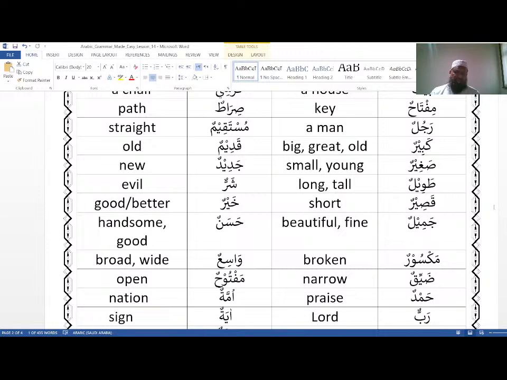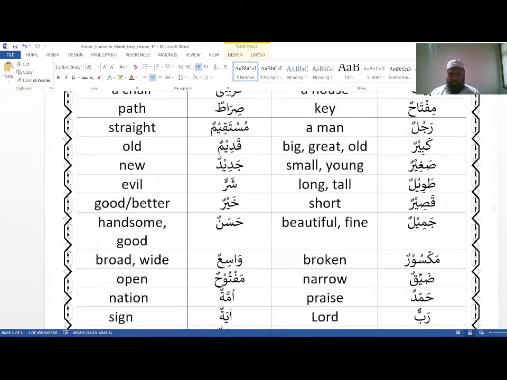Rabbun has a few other meanings. One of the meanings is the one who looks after, the one who brings you up. So for example, parents can also be Rabb in that meaning. So in that meaning, yes, we can make this into a muannas, rabbatun.